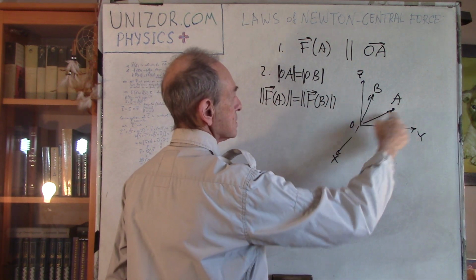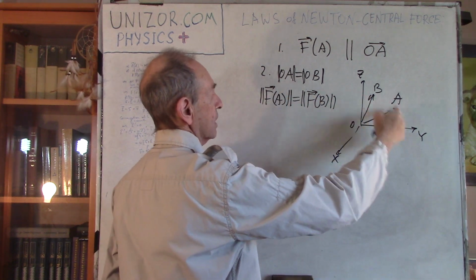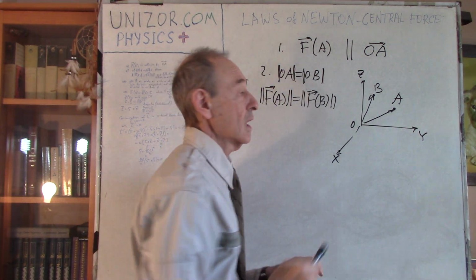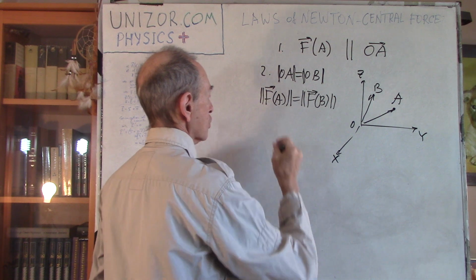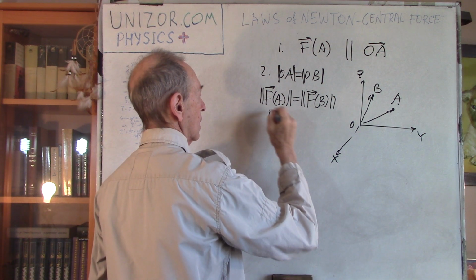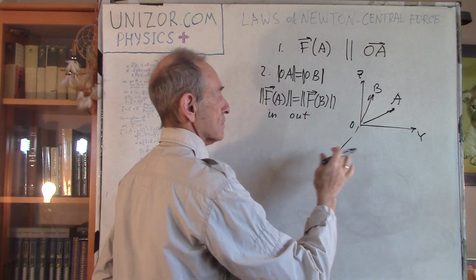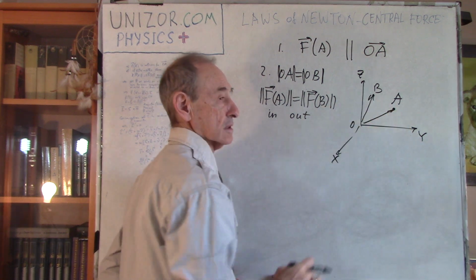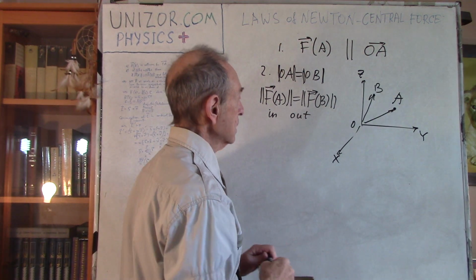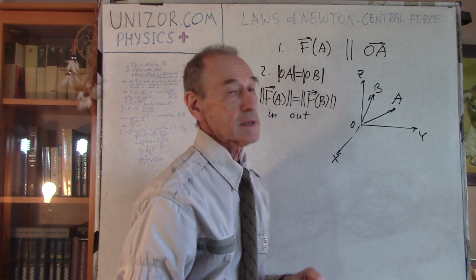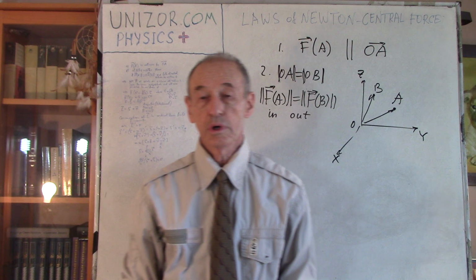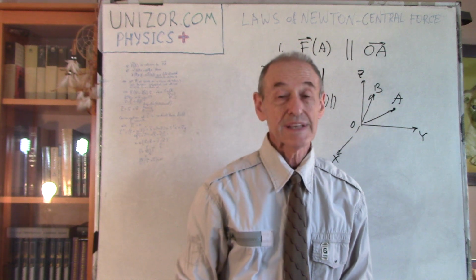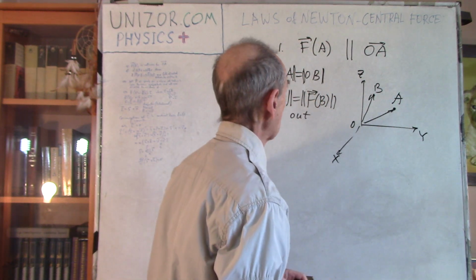Both forces must have the same magnitude if they are at the same radius from the center. That's very important. And also the direction should be either in or out for both of them. They either go both towards the center or both outside from the center. These are basically two axioms which are sufficient to define the central force field.